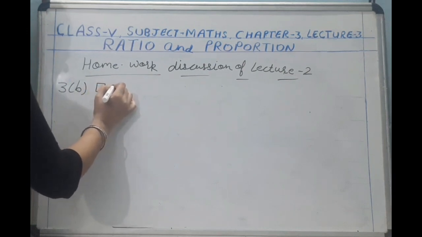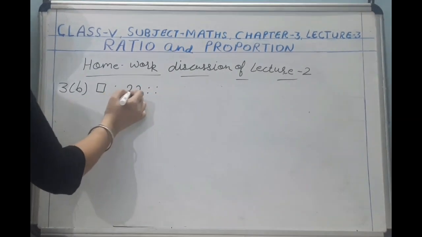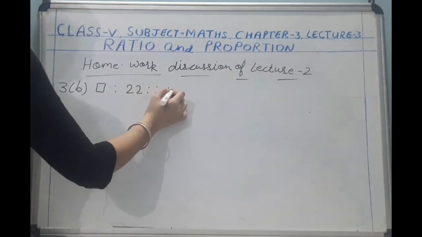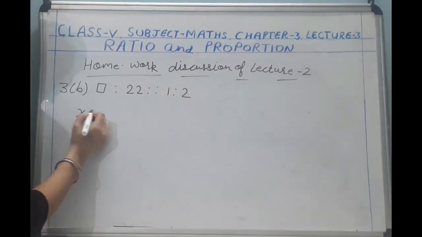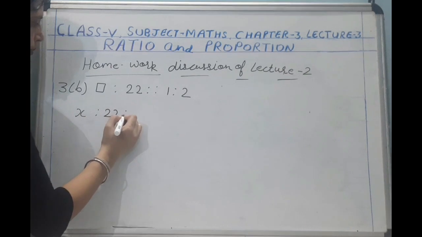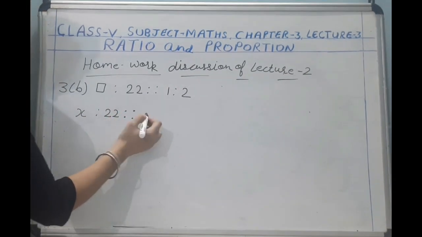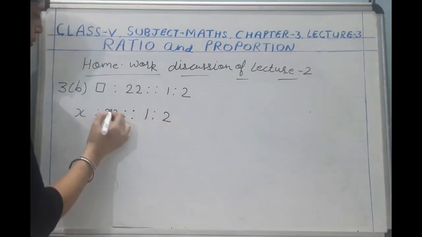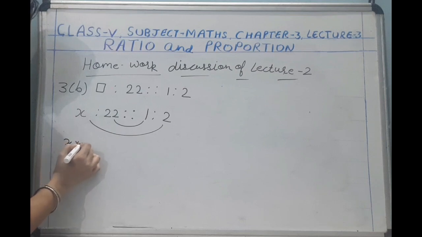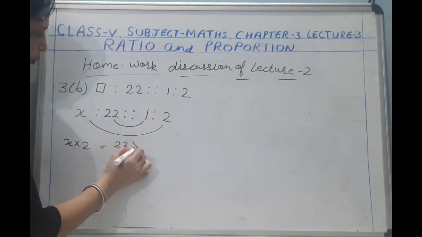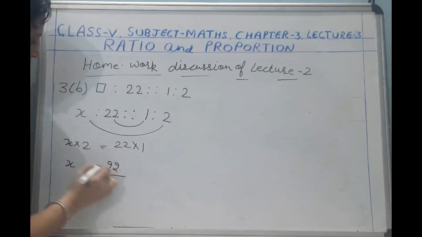Fill in the blanks in the form of a box. Ratio 22 proportion 1 ratio 2. So, let the missing term be x. So x ratio 22 proportion 1 ratio 2. Now, product of means and product of extremes. x into 2 is equal to 22 into 1. x is equal to 22 ones are 22, and this 2 will shift here. 2 ones are 2.